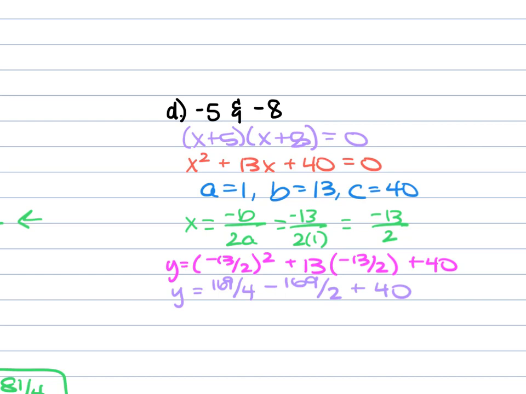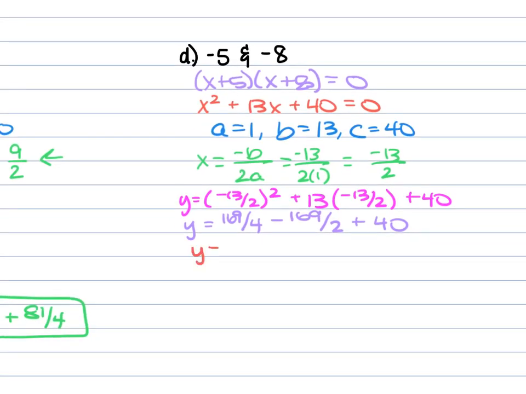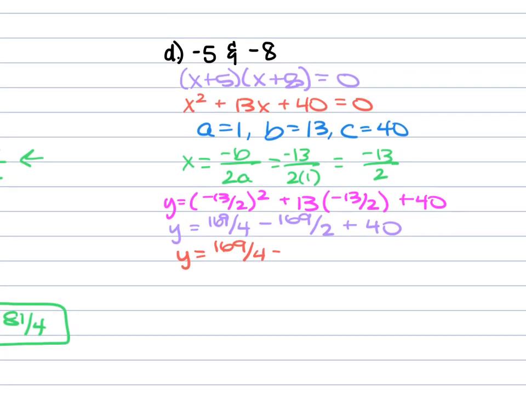Like denominators here is 4, so this is going to be y is equal to 169 over 4 minus the 169 times 2 is negative 338 over 4 plus the 40 over 1 becomes, sorry, not 120, it's 160 over 4.